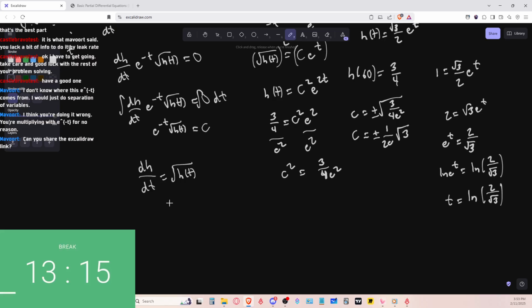If we separate it, I would imagine it would be like this. Yeah, because I basically assumed that I had to do the integrating factor because it just looked really strange to me. Let me see.